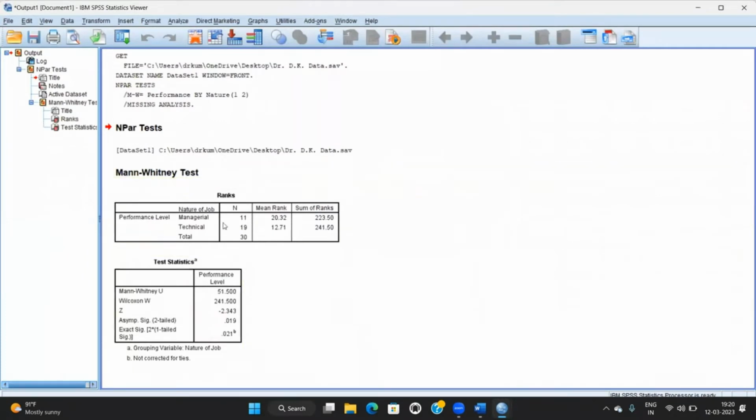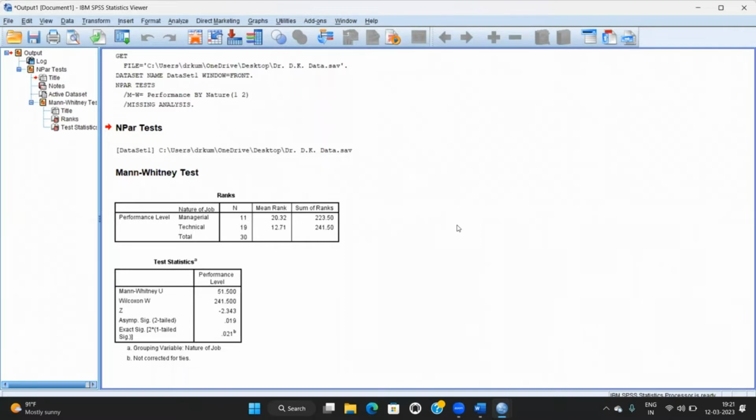So these are the results of the Mann-Whitney U test. There are 2 tables as usual. The first table contains descriptive data. In the case of the independent samples t-test, we got the number, that is frequency, then mean, then standard deviation.